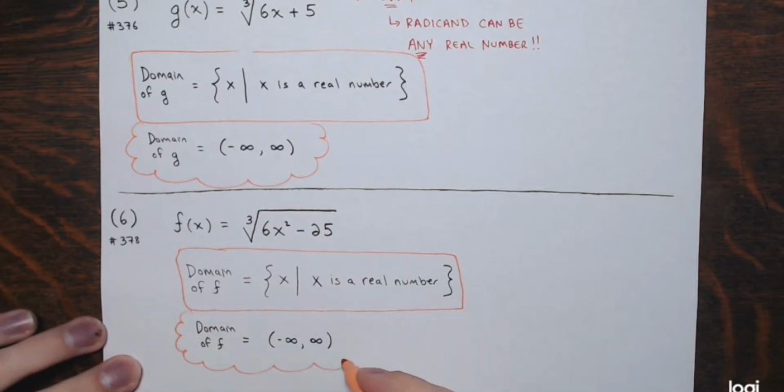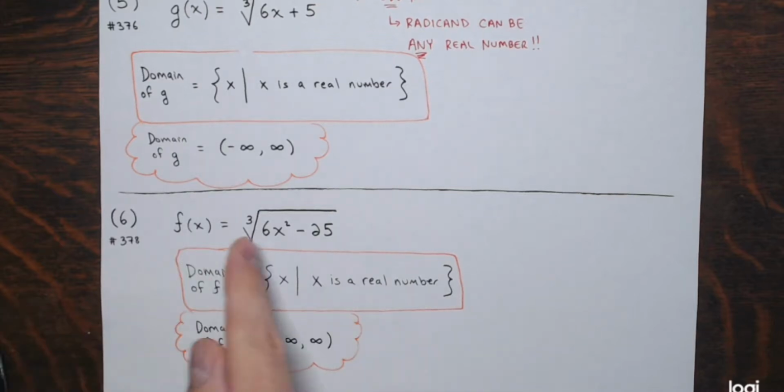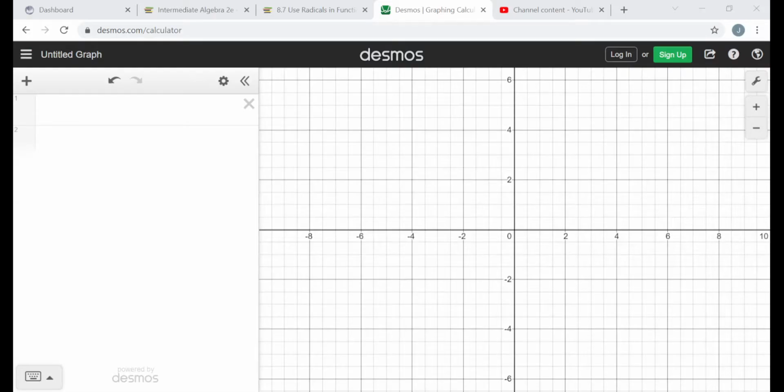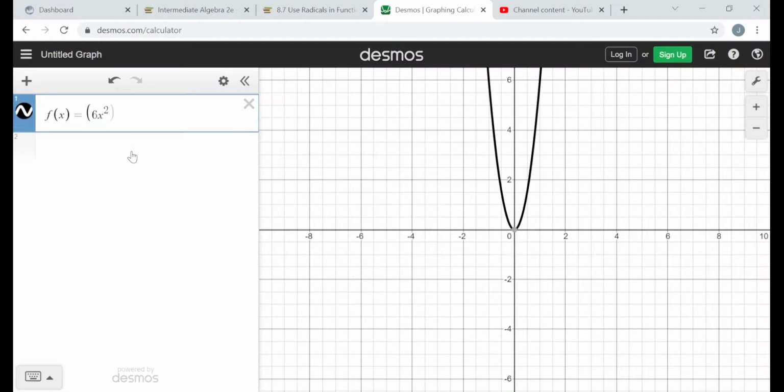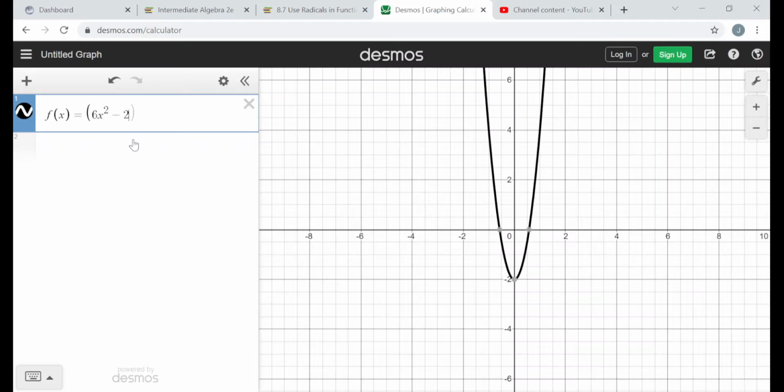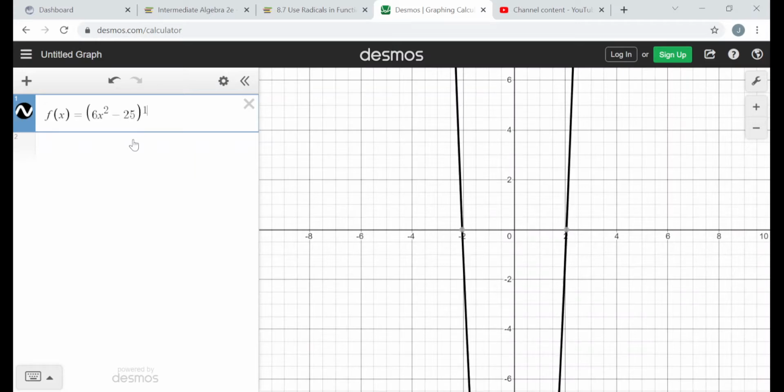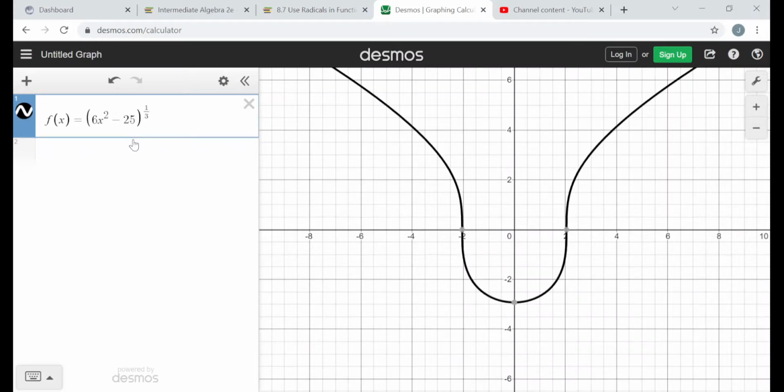Let's verify this. Let's enter this function on our calculator. All right, so here we have f of x equals, now you can do the cube root symbol again, or just put the radicand, 6x squared minus 25, raised to the 1/3 power. Remember, the 1/3 power was the cube root.